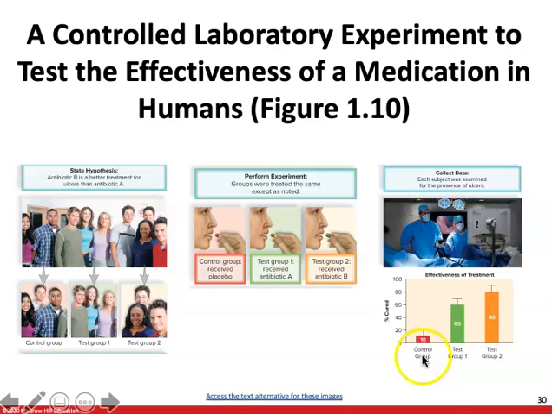On the basis of the data, the investigators are able to conclude whether or not their hypothesis has been supported. What they found is that in the control group, roughly 10% of individuals were cured with simply the control. Test group 1 saw 60% cured of their ulcers. However, test group 2, those who received antibiotic B, observed an 80% cure rate.